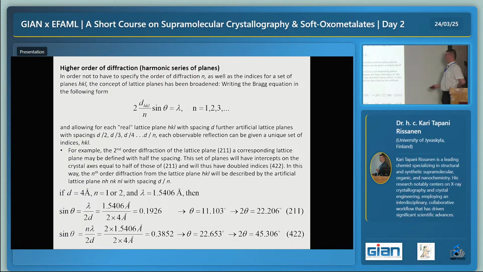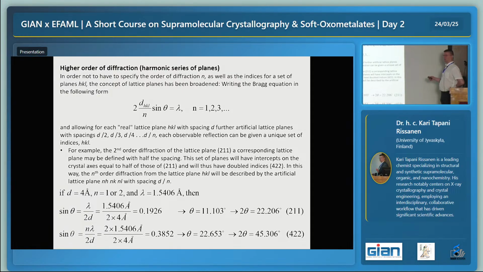So the point here is that there is a small mathematical calculation. If we know the d, and n is either 1 or 2, and lambda is known, we can calculate where the diffraction is happening. So what we can get there is a diffraction angle.